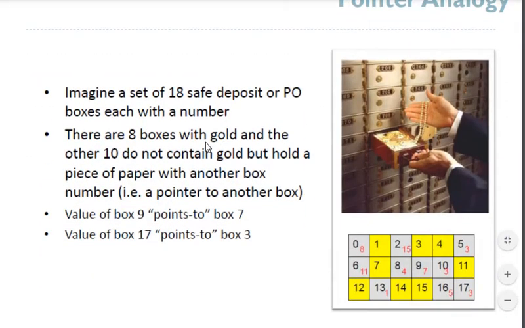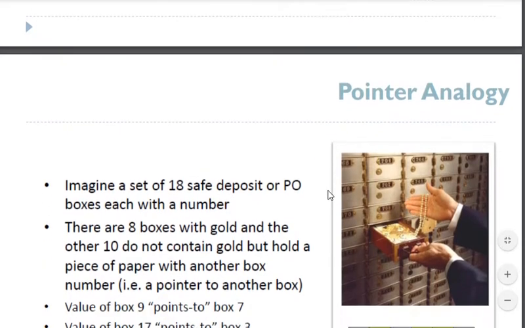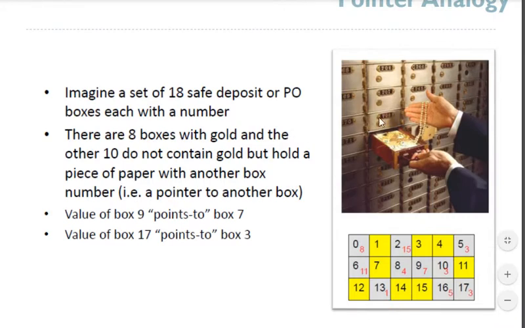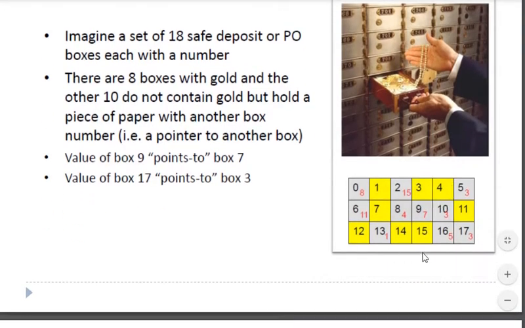For example, if you look at this picture, you are given boxes like this. This is a box, right? And the boxes are numbered 0, 1, 2, 3, 4, 5.